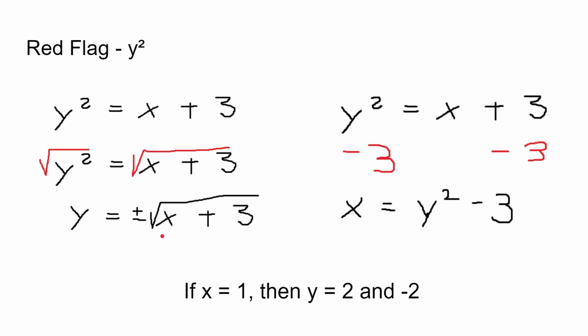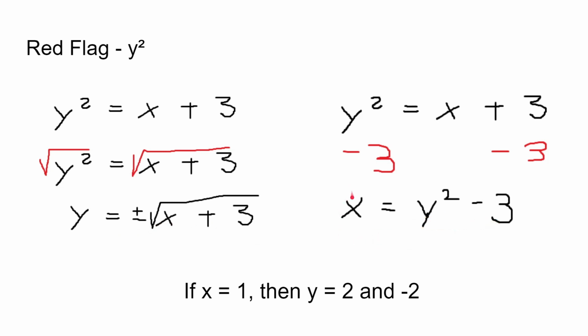So here, if we plugged in 1, 1 plus 3 would be 4, the square root of that is 2, and when you take the square root of something, you have to add the positive and negative sign because y could equal negative 2 and 2. It makes more sense on this side if you aren't as well versed in math.